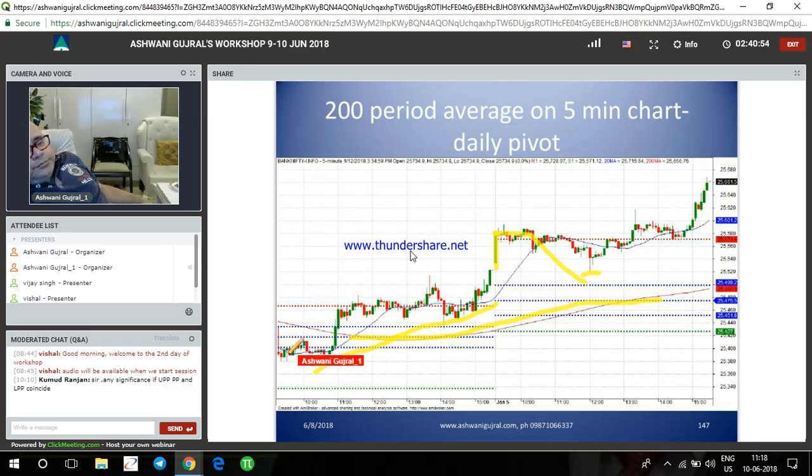Now here you open between S1 and the pivot. So as R1 was crossed, you start to see bit of a trend. So if I have to trade a trending move, I am looking for a decline to the pivot zone to be able to buy.